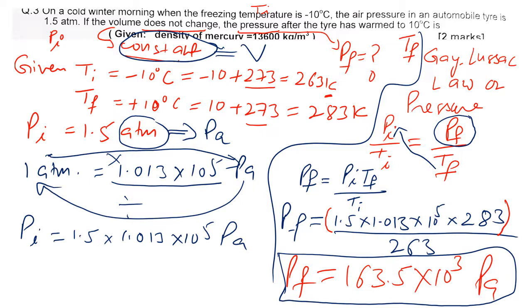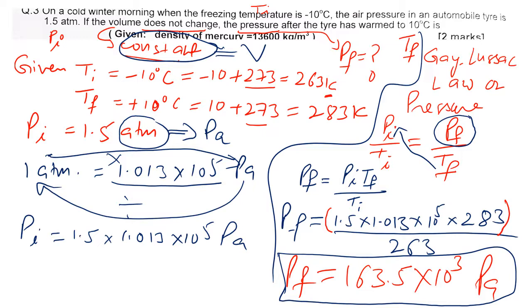So the question is saying on a cold winter morning when the freezing temperature is minus 10 degrees centigrade, the air pressure in the automobile tire is 1.5 atmosphere. If the volume does not change or it is constant, what is the value of the pressure when the tire temperature is warmed to 10 degrees centigrade?